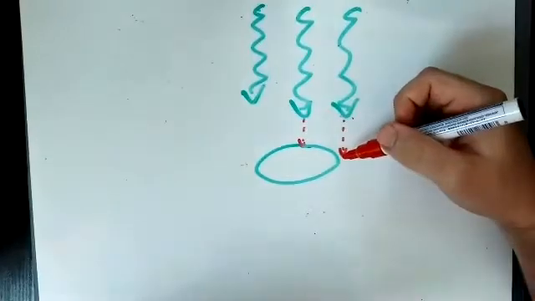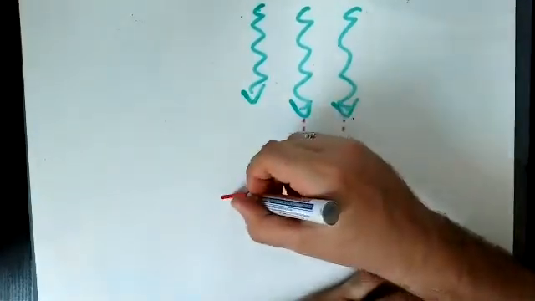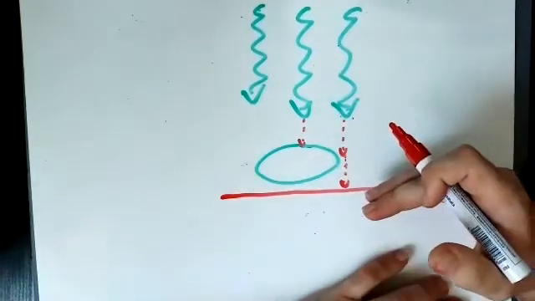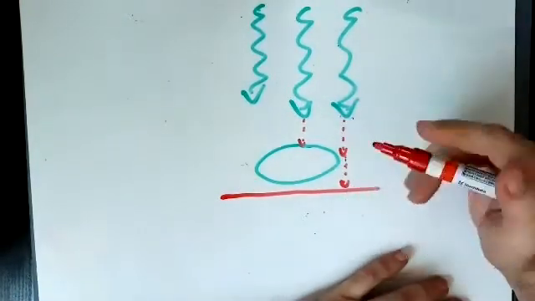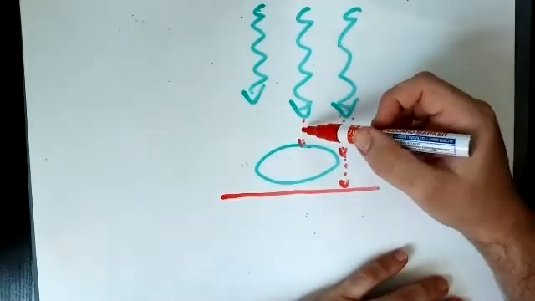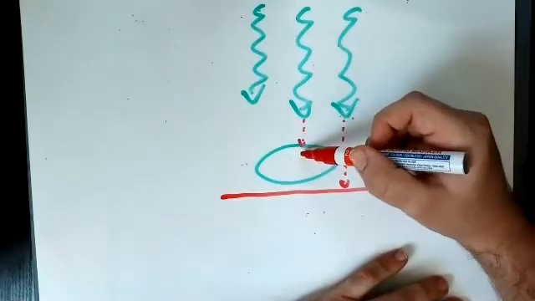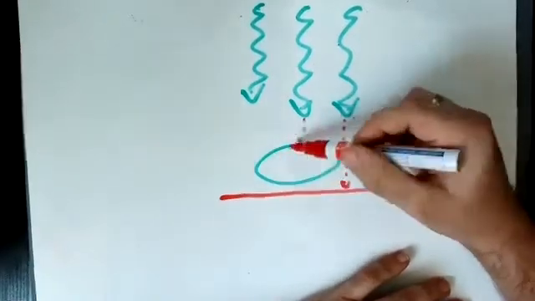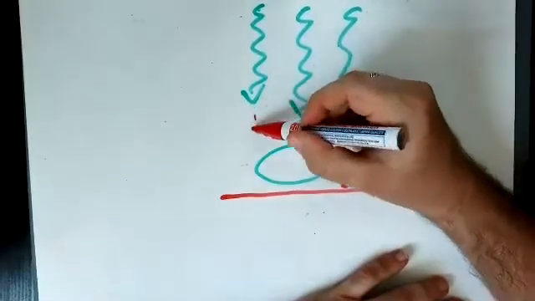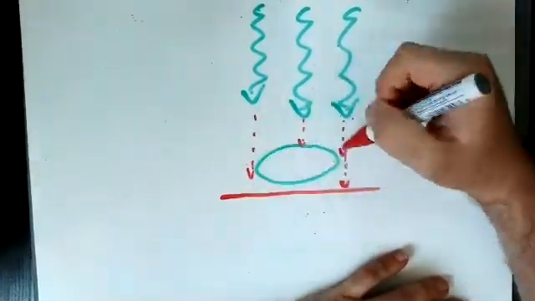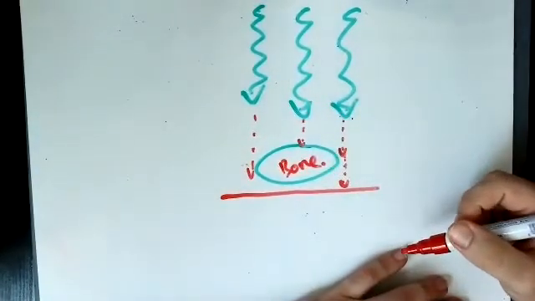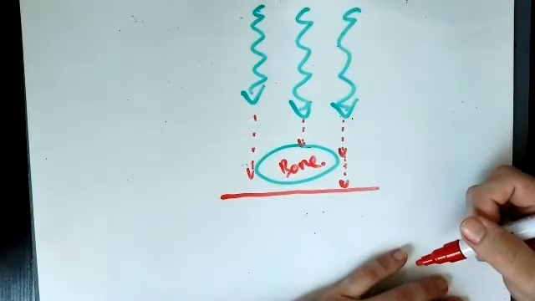The screen behind them absorbs the unabsorbed X-rays, the bits that have gone through the flesh, but it will not pick up the ones that did not go through the bone. As a result of this, we see an outline or an image of the bone that does not allow the X-rays to travel through.